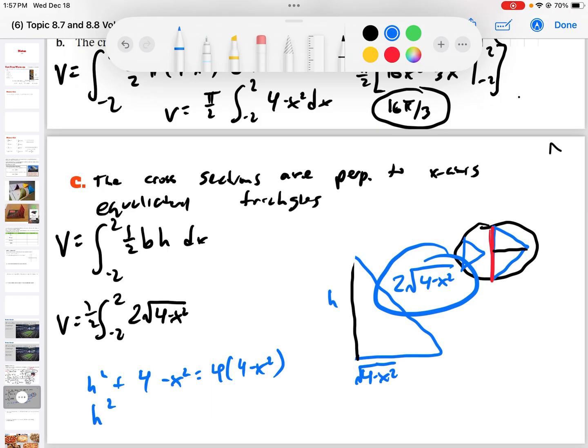So h squared would be equal to 16 minus 4x squared. Okay, sorry, 16 minus 4, so that'd be 12, and then add x squared, so it'd be negative 3x squared. So h would be the positive square root of 12 minus 3x squared.